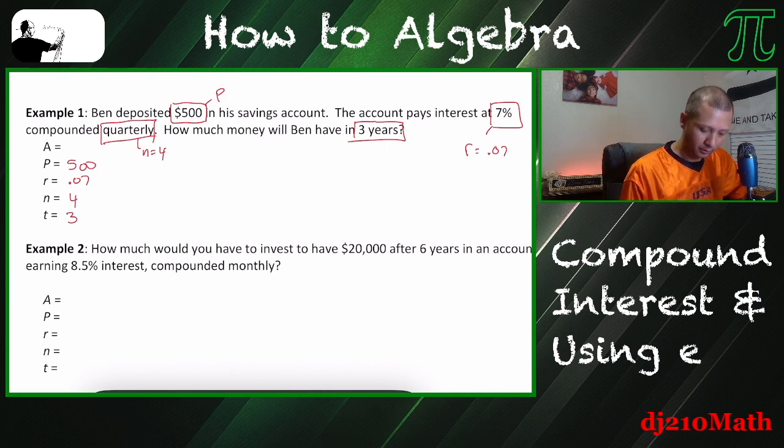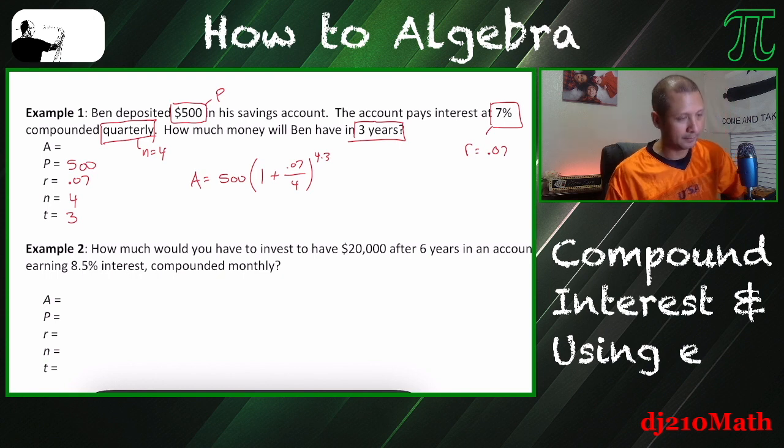And we just do the setup, right? A is going to be equal to 500 times (1 plus 0.07 over N) raised to N times T, which is 3. Straight to the calculator.